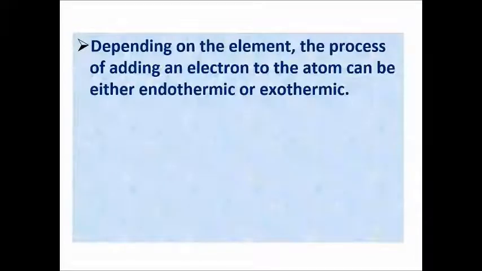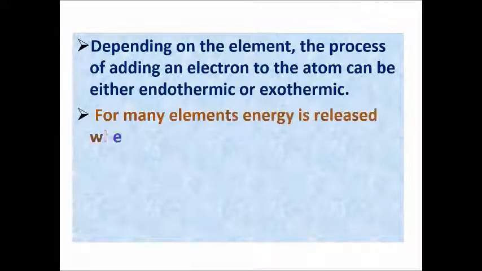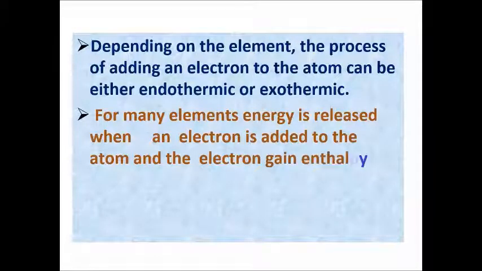Depending upon the element, the process of adding an electron to the atom can be either exothermic or endothermic. Now, what can we say about endothermic and exothermic reactions? During some reactions, heat energy is liberated and it is said to be an exothermic reaction.